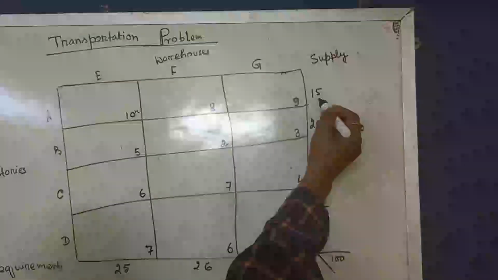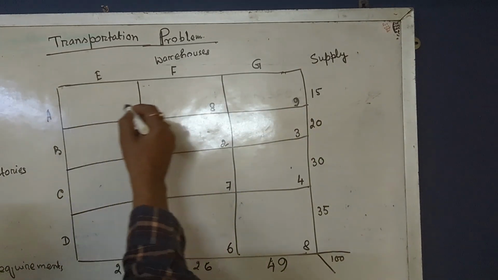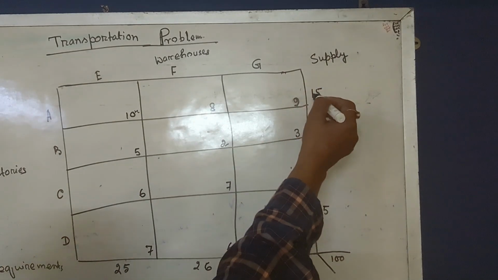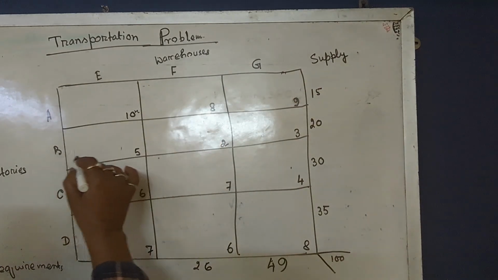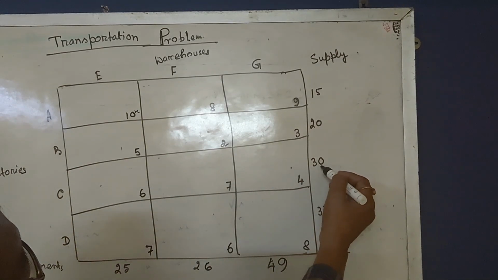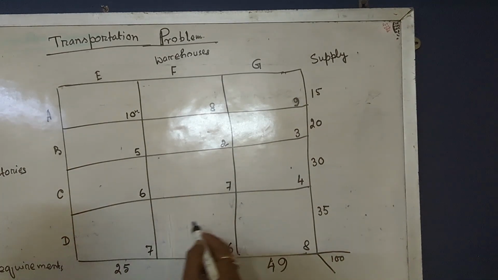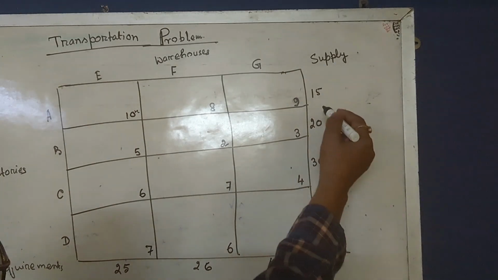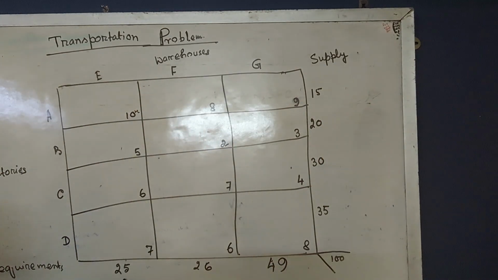Availability means supply. You can say this factory is producing, say, 15 units. It may be in thousands, maybe in millions, but say 15. Factory B is producing 20 units, and factory C is producing 30 units. Factory D is producing 35 units. That means these are the availability. And the requirement is noted here.